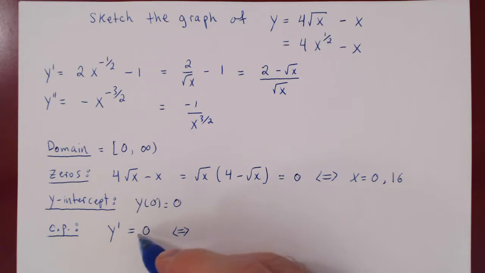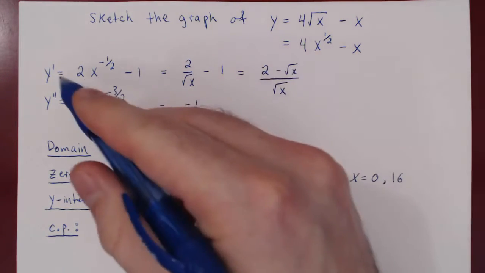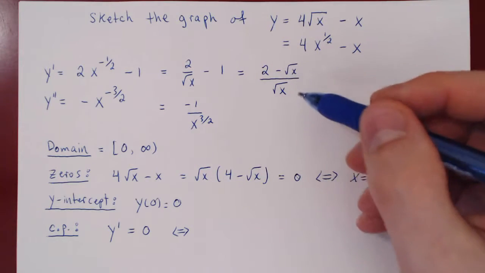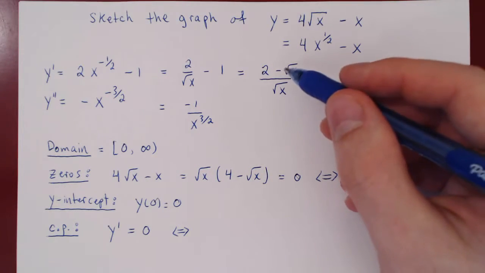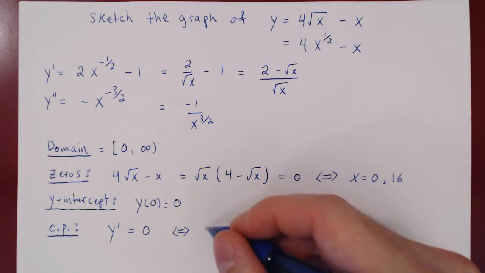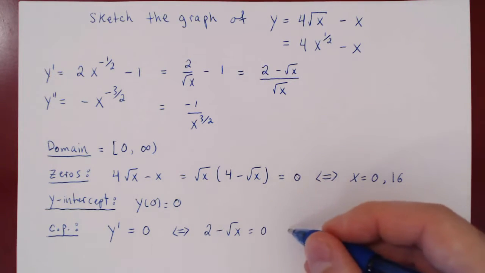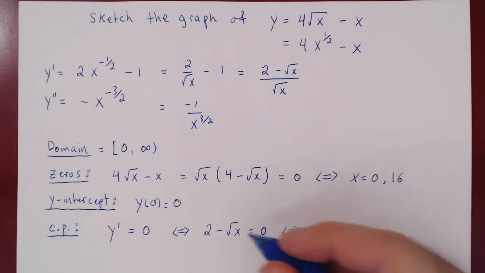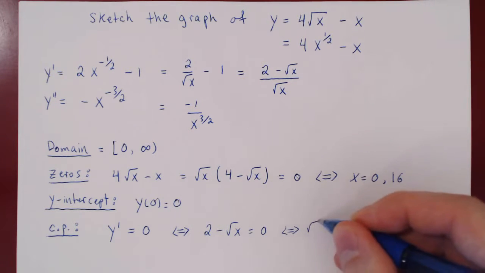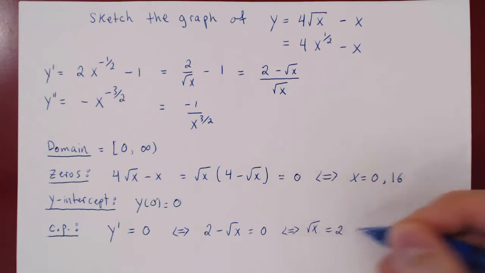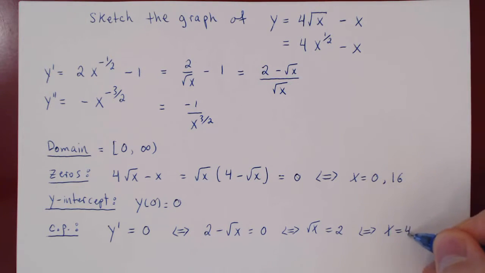So the points where the tangent line is horizontal, so the curve is flat. Well, the derivative, as we have found, is a fraction, and a fraction can only be 0 if the numerator is 0. So 2 minus root of x would be equal to 0 if and only if root of x equals 2. Square both sides, if and only if x is equal to 4.